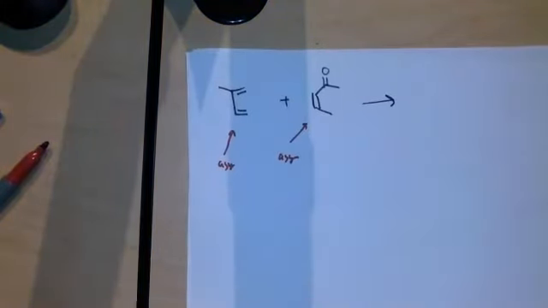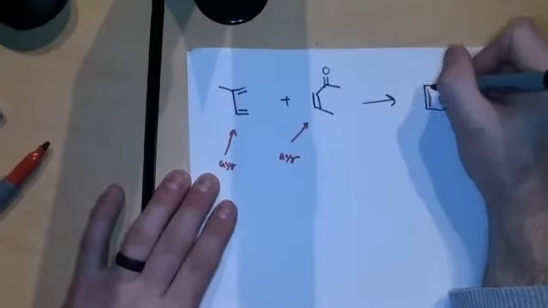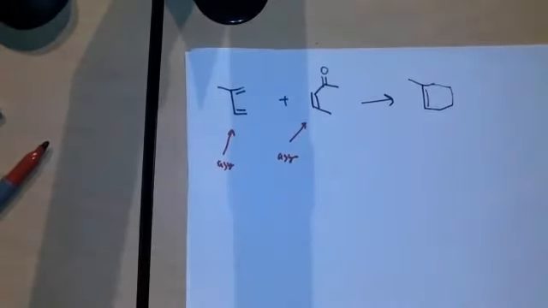So 6-member ring, double bond, methyl group here.